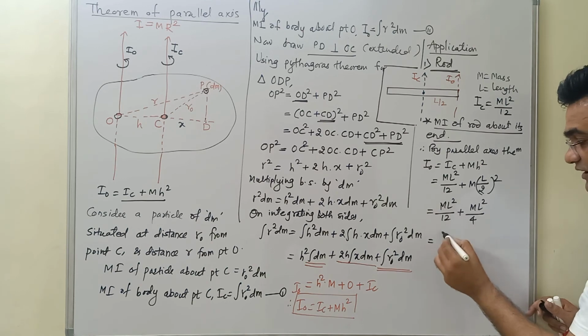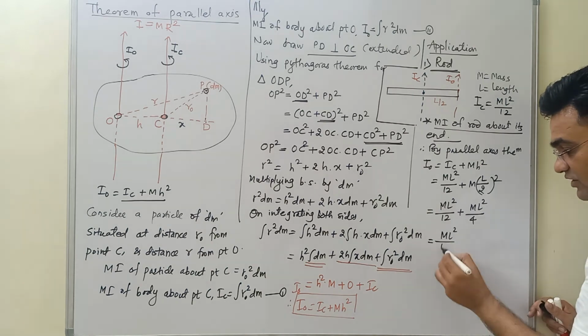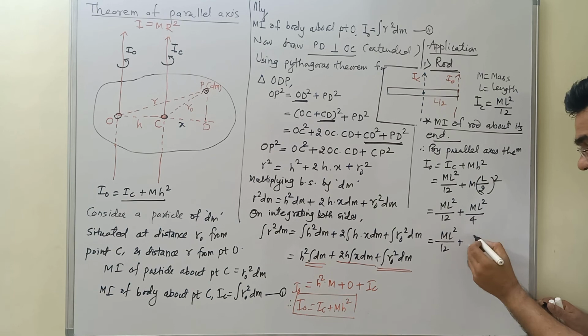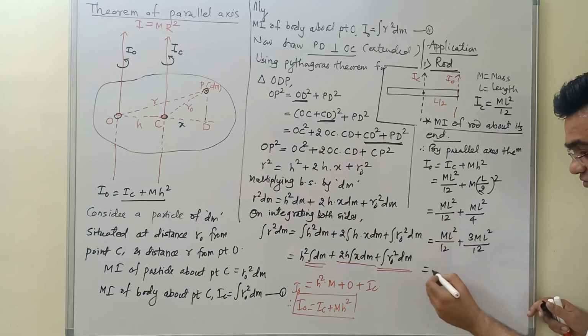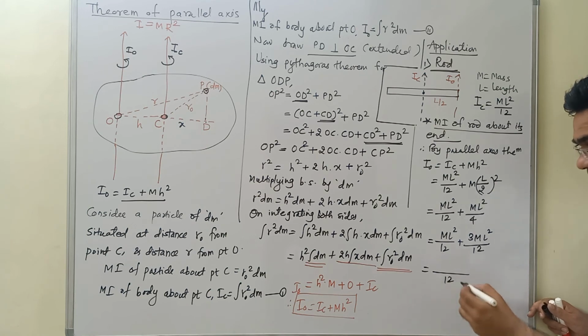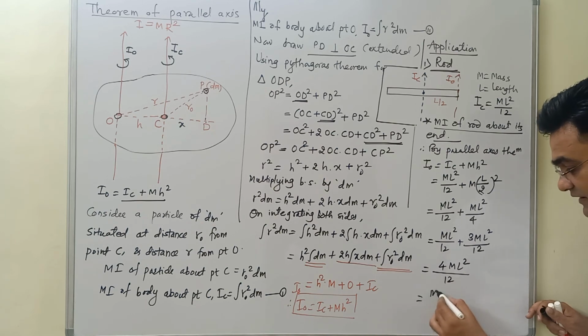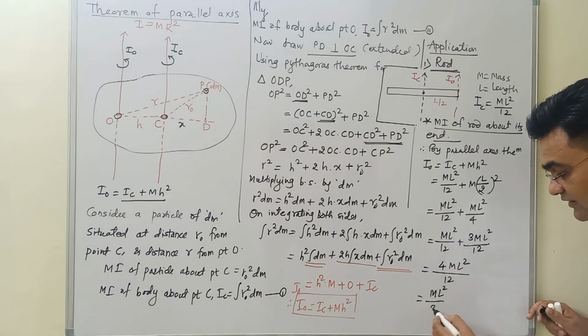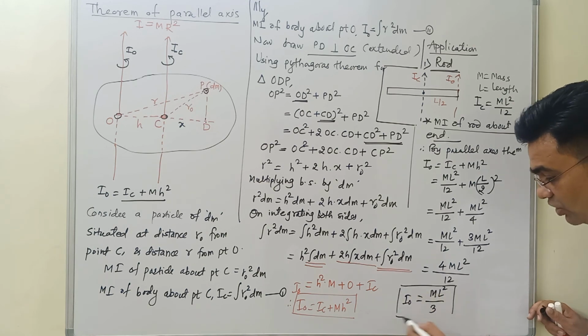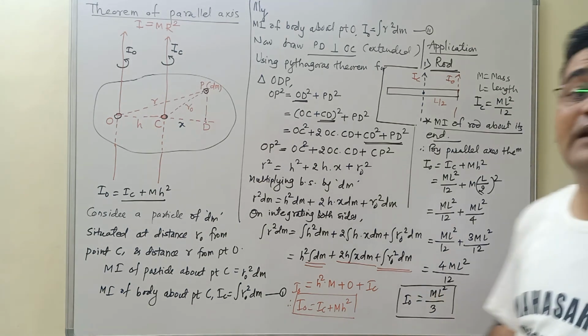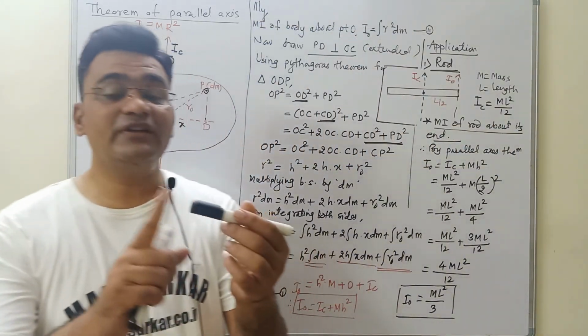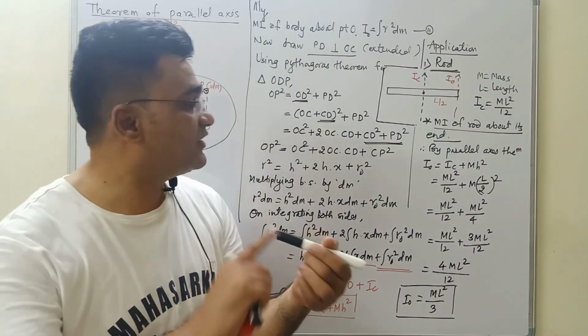We just need to take the LCM: ML square by 12 plus 3 ML square by 12, so 12 is the common base. ML square plus 3 ML square will be 4 ML square, so 4 upon 12 will be 3 in the denominator. So ML square by 3 is the moment of inertia of any uniform rod of length L and mass M rotating about either end.